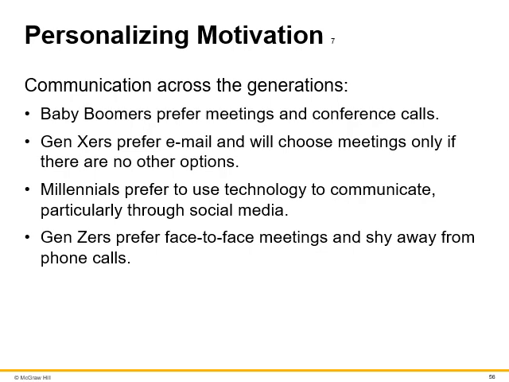For me, as a Gen Xer, there's nothing worse than sitting in a meeting for an hour and nothing gets figured out. Millennials prefer to use technology to communicate, particularly social media. And finally, the Gen Zers prefer face-to-face meetings and shy away from phone calls.